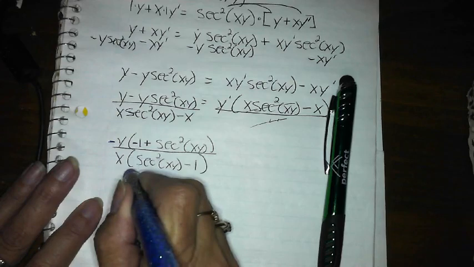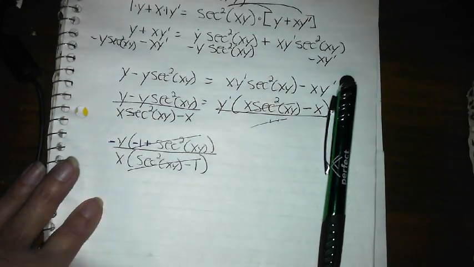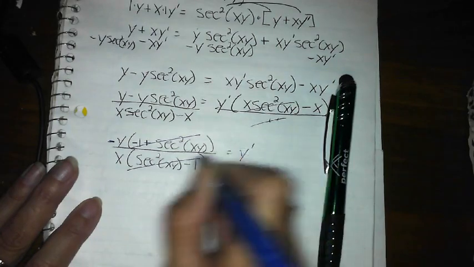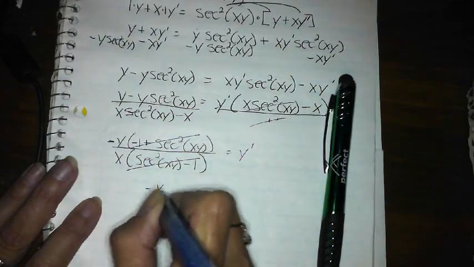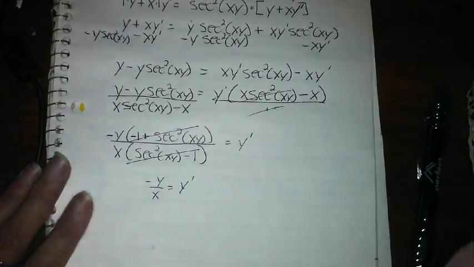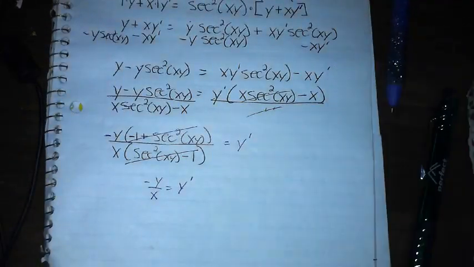Now these two terms are exactly the same, and I can cancel them. And I've got y prime equals a negative y over x. Crazy.